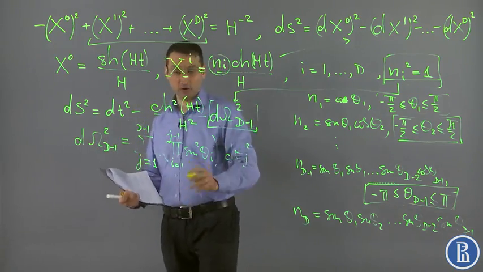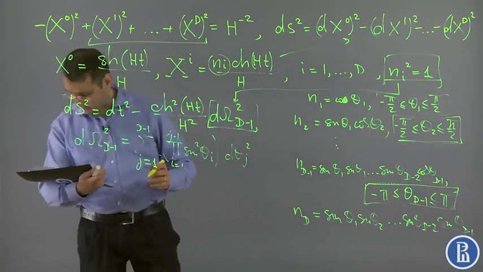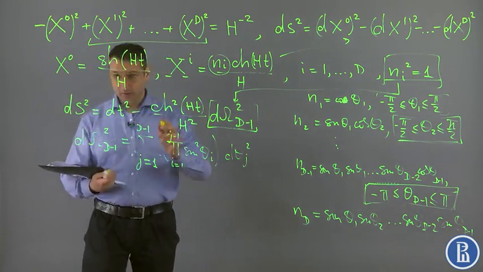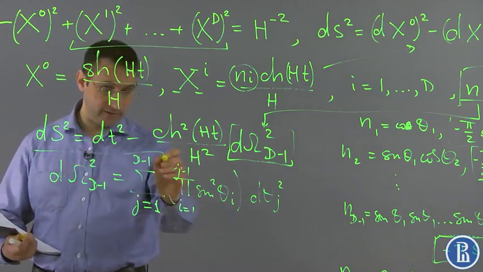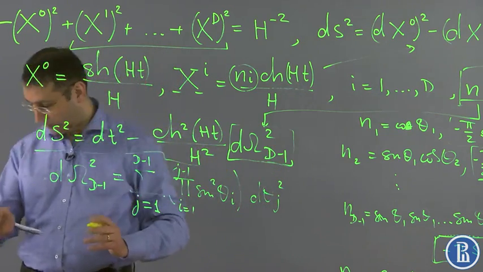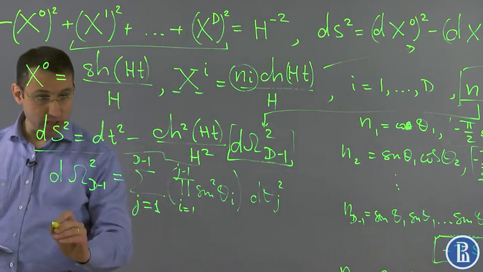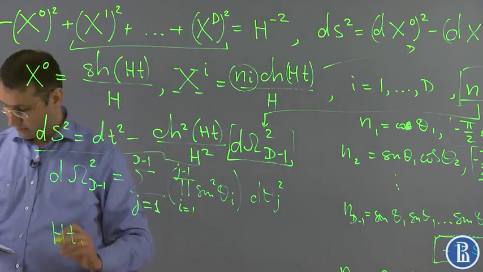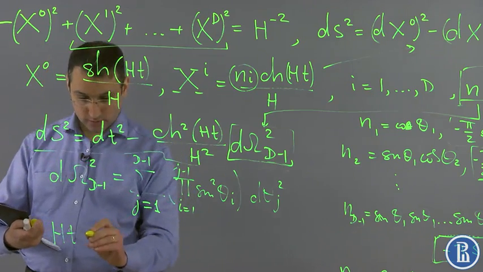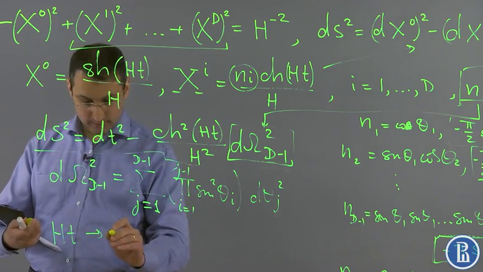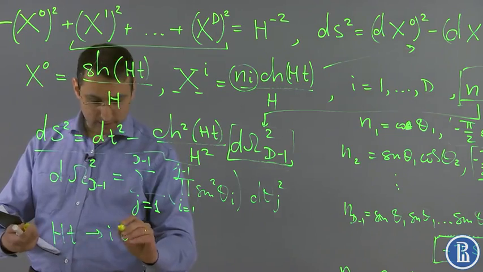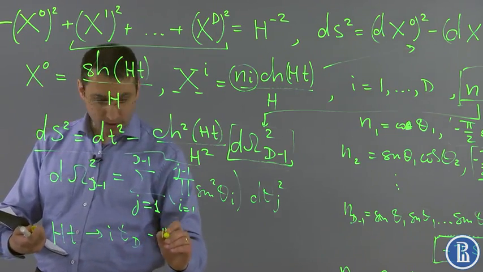This is the metric on the unit d minus 1 dimensional sphere. By the way, Wick rotation can already be seen in this metric if we change ht to i times theta d minus pi over 2.